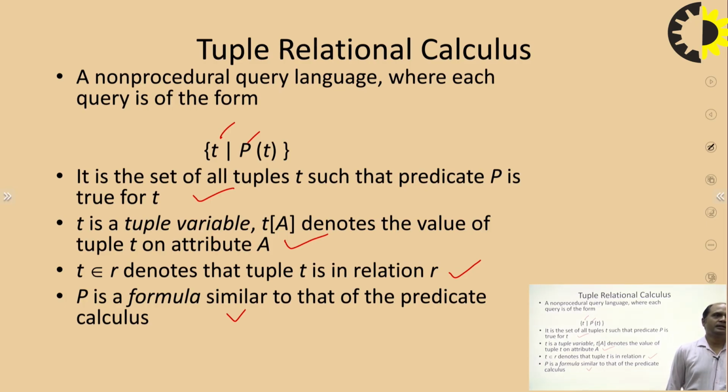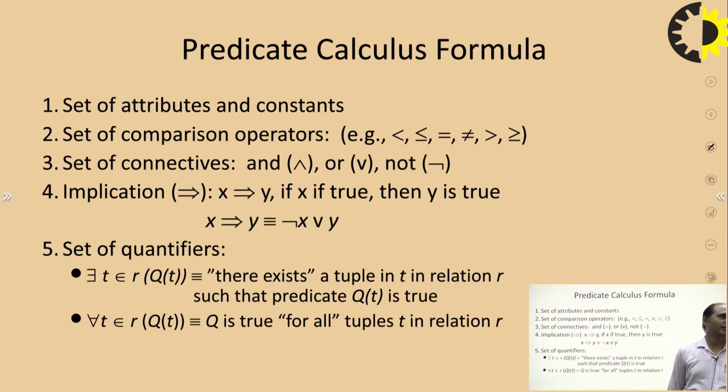So t is the tuple and P is the predicate where we can use that particular scenario. What is a predicate calculus formula? A set of attributes and constants, and a set of comparison operators. What are comparison operators? They are simply less than, equal to, not equal to, greater than, or greater than or equal to. After that, the third part is a set of connectives.